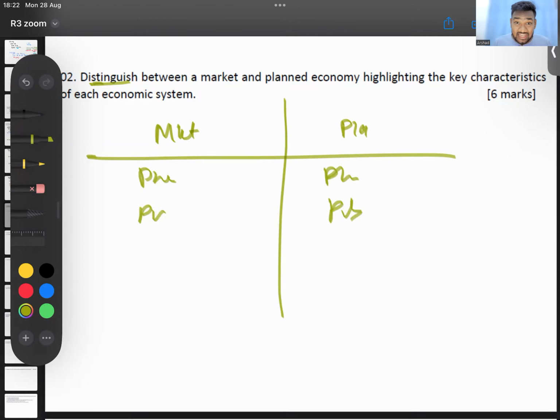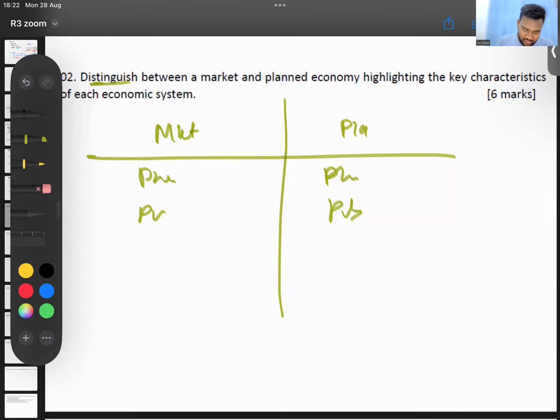You don't do this anymore. You can do this if the question said differentiate. In A levels, econ paper, you don't get a differentiate question. They tell you distinguish. So when they say distinguish, you need to write your answer in point forms.